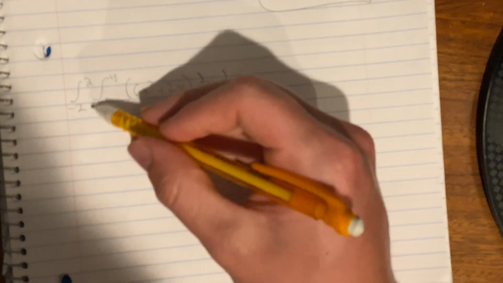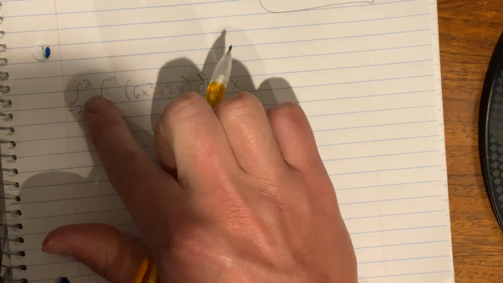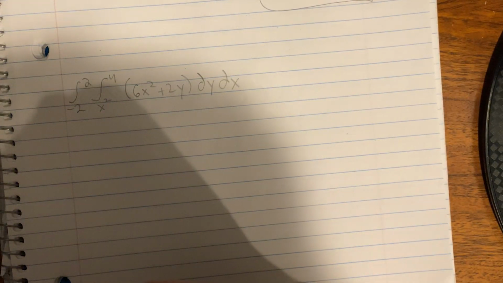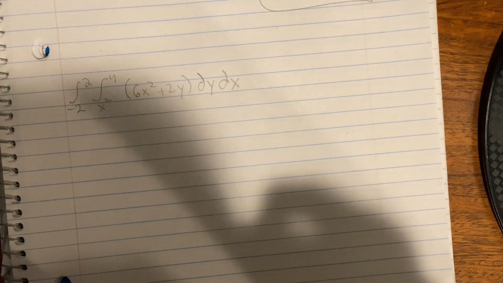And as we can see, the variable is no longer a constant in the limit of integration. So we do have to approach this a little differently, but here's a way of thinking of it.